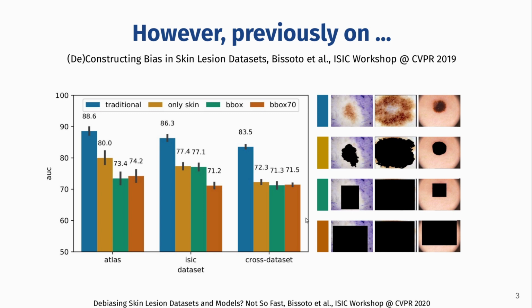Even in this condition, bounding box 70 can achieve very high performance, and it was shocking to see it even when most of the image's parts are occluded.